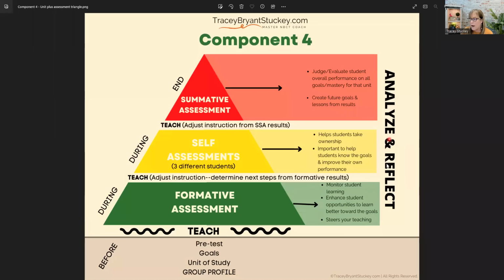Now notice here on the right, I've put analyze and reflect because the entire time you're teaching this unit, from teach to summative assessment, you must be analyzing and reflecting on A, your practice, and on B, their learning. And then that's what you're writing about.